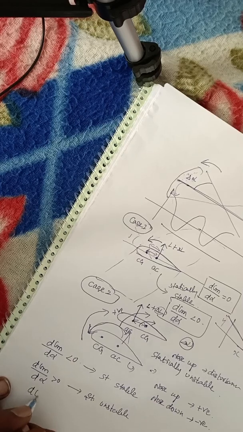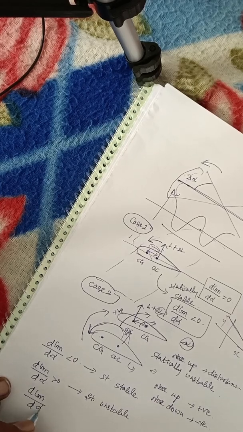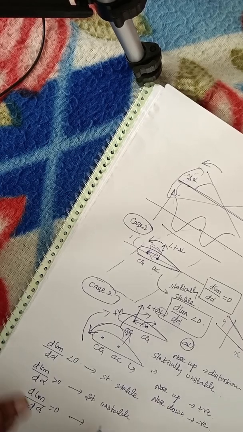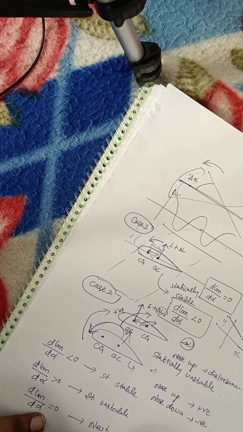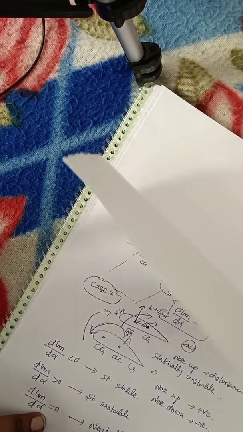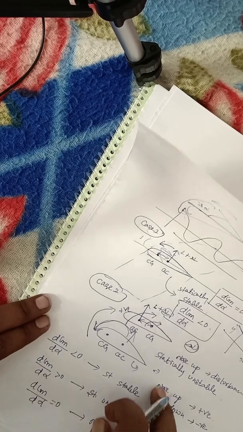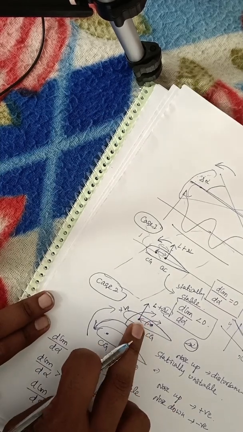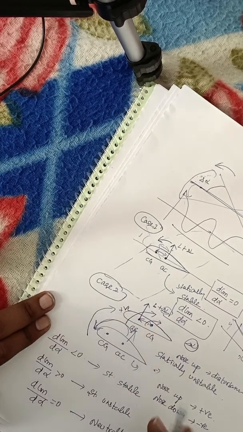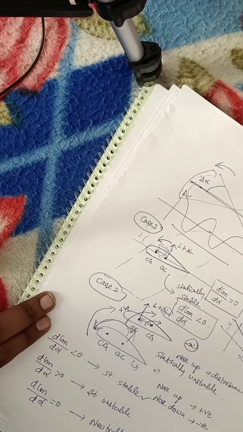If dCm by d alpha equals 0, this is neutrally stable. For any lifting surface, if the CG point is forward of my AC point, that is statically stable.